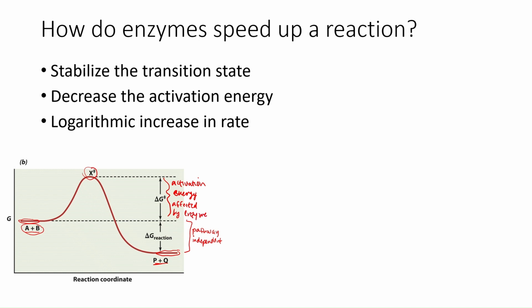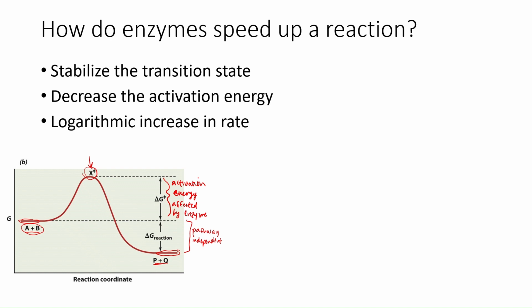Because if the enzyme is able to lower that energy state of the transition state, the difference in the delta G required to get to that better transition state is less, right? And so overall, that means the activation energy is lowered, which helps to overall increase the rate of the reaction.